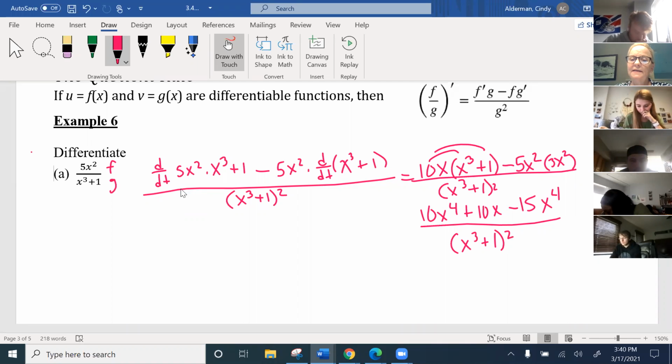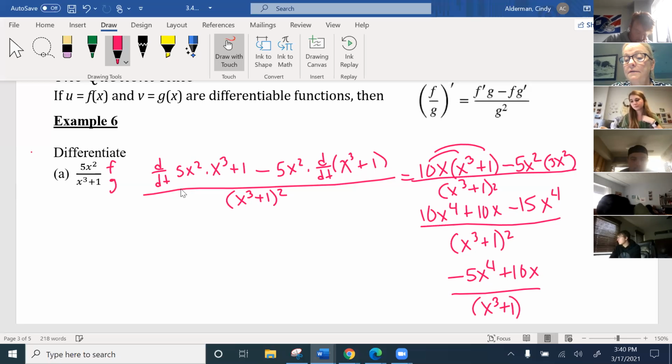And then we're just going to add like terms. So 10x to the fourth minus 15x to the fourth is negative 5x to the fourth plus 10x all over x cubed plus 1 squared. And that's your final answer.